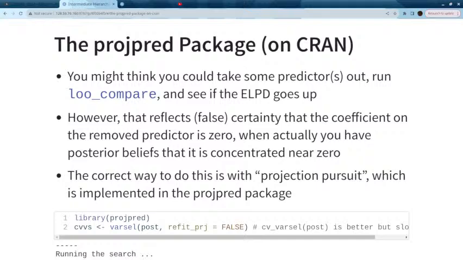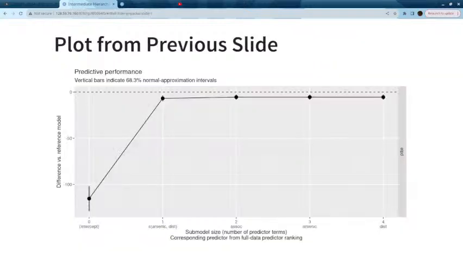There's a varsel or a CV varsel function in the ProjPred package that you can call. It makes this object, and when you plot it, you can see the maximum ELPD that can be achieved with the full model, and then the difference in the ELPD for various submodels.